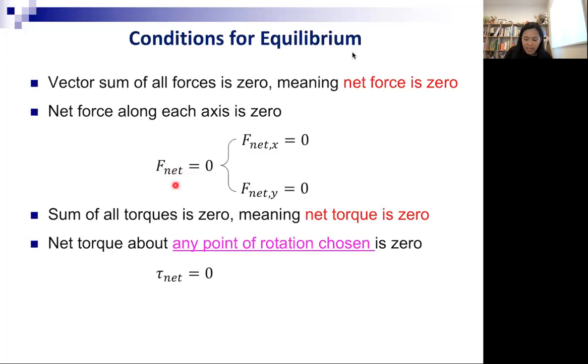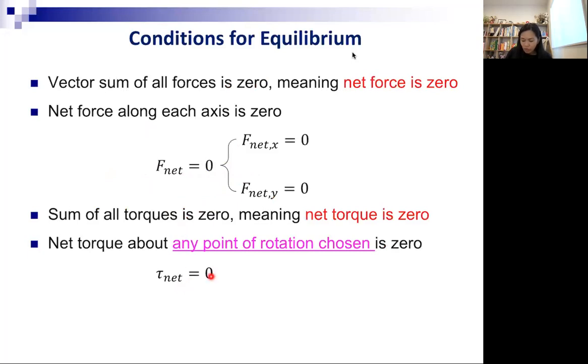We've seen this last time in Newton's laws of motion. If the net force is zero, we've learned that the acceleration is zero, and therefore you can have either constant velocity or at rest condition.